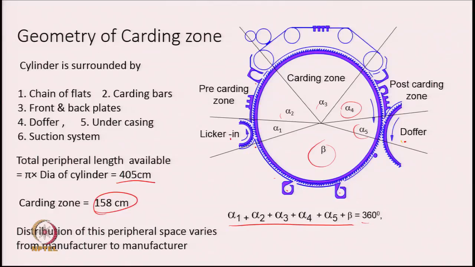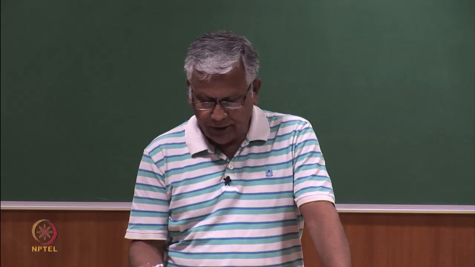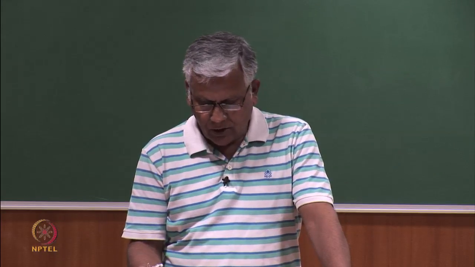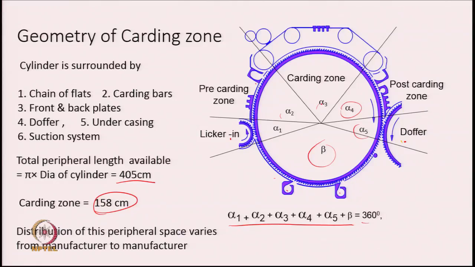We can decide about the angles alpha 1, alpha 2, alpha 3, alpha 4, alpha 5 and beta. Typically, the angle corresponding to alpha 3 on a machine could be around 48 or 43 degrees, but this will vary from manufacturer to manufacturer.